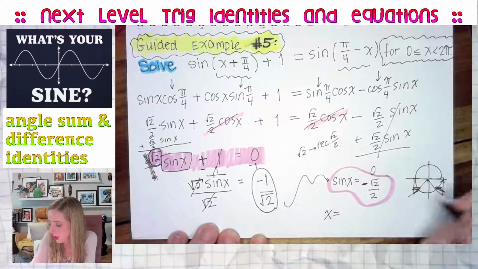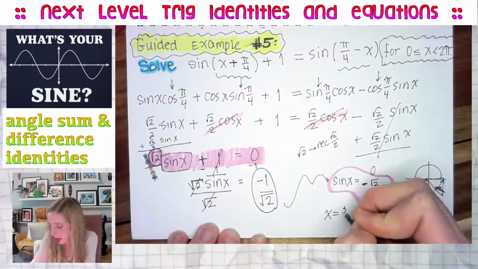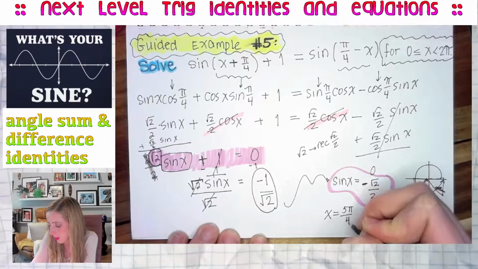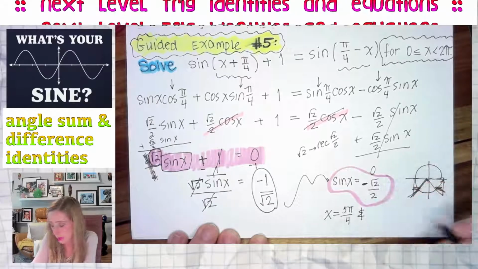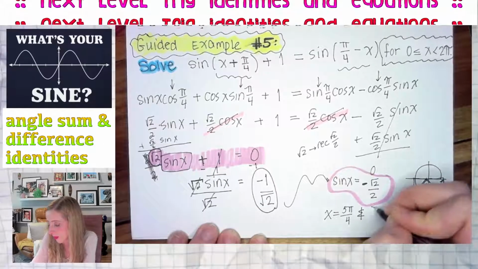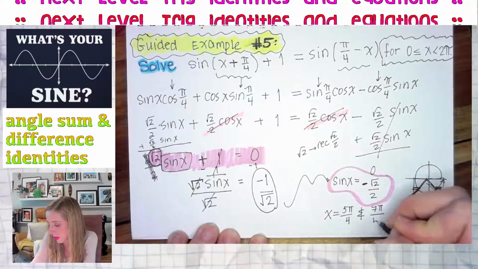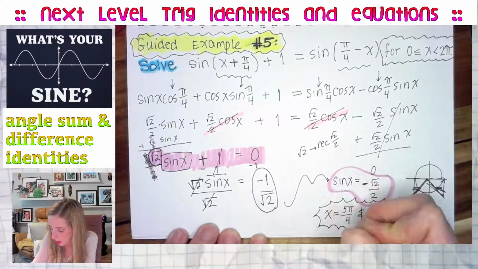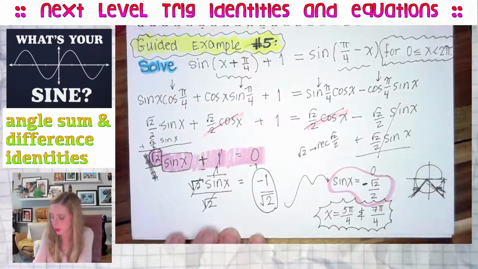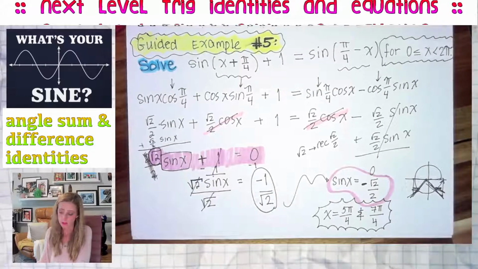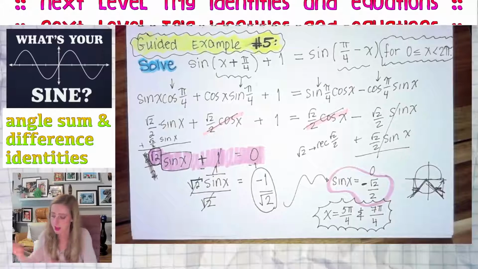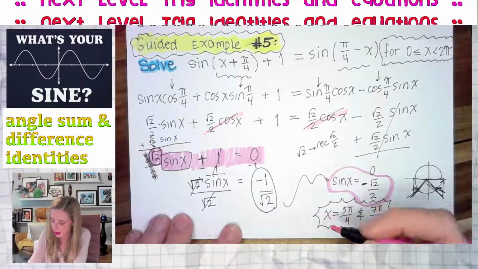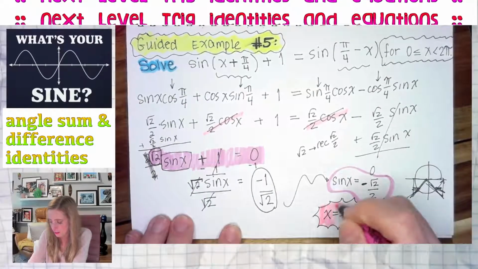When x equals 5 pi over 4, and 7 pi over 4. Those are our answers. Okay, that is it. That is the end of guided example 5.